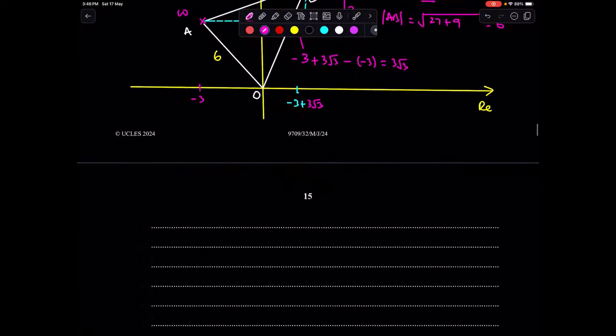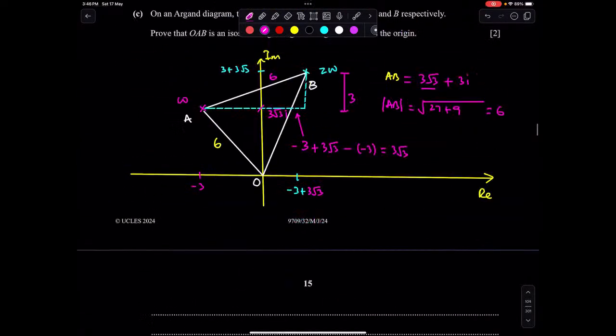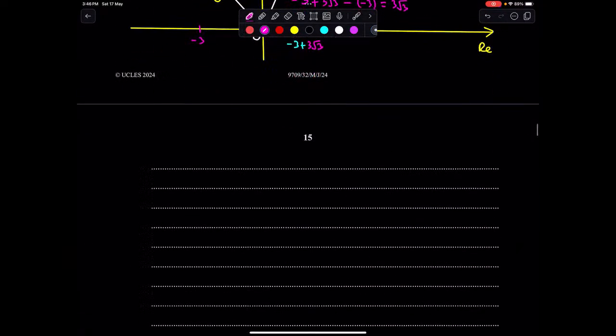So just write OA is equal to AB is equal to 6, hence shown the triangle is isosceles.